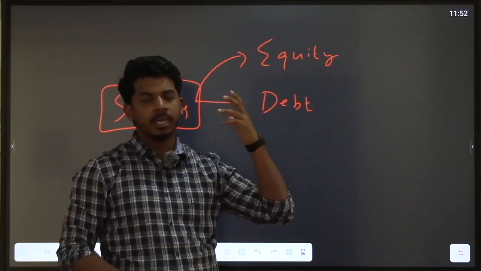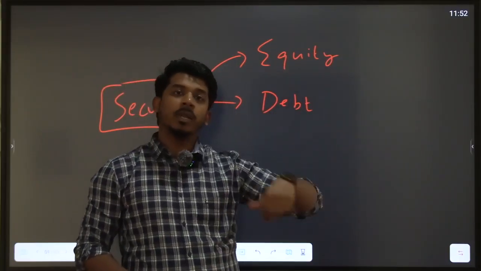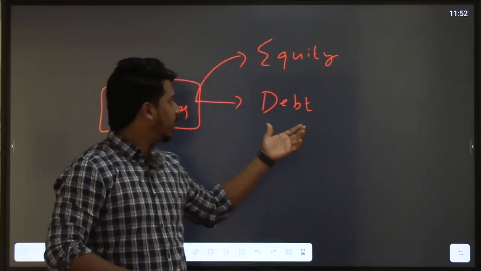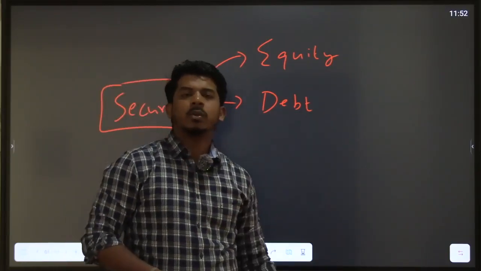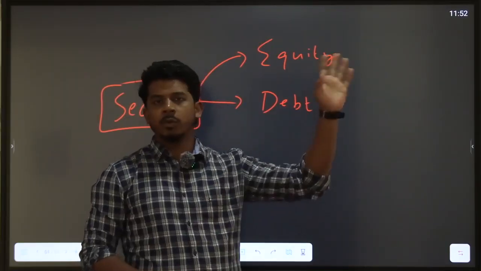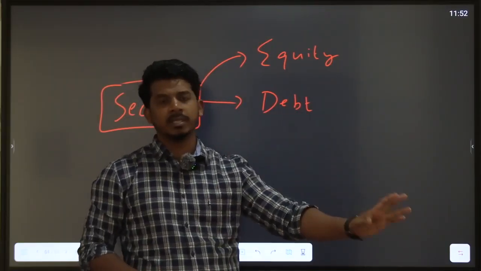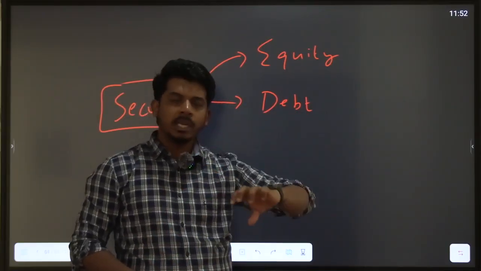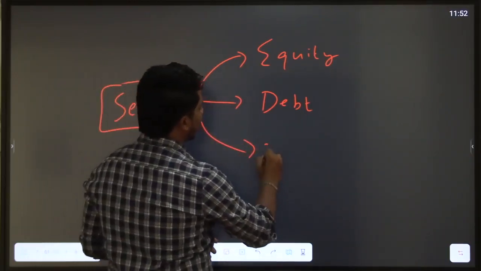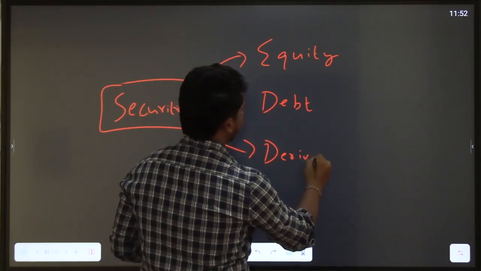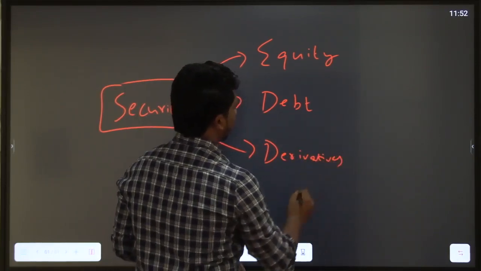You will share profits. If the company gets losses, you will also bear losses. But if you give a loan to someone else, you are not linked to profits or losses. If the company earns too much, you will not get anything. If the company is facing losses, still you will not be affected. You will get your money plus interest. This is debt. Then there is something called derivatives. I am not explaining that here. I am just telling you whatever you require.